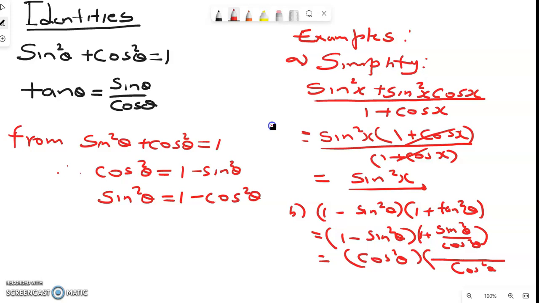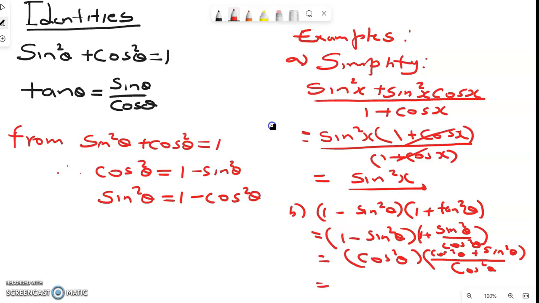This will be cos squared theta divided by 1, which is cos squared theta, times 1, the answer is cos squared theta, plus sine squared theta over cos squared theta, where cos squared theta divided by cos squared theta is 1, and 1 times sine squared theta is sine squared theta.